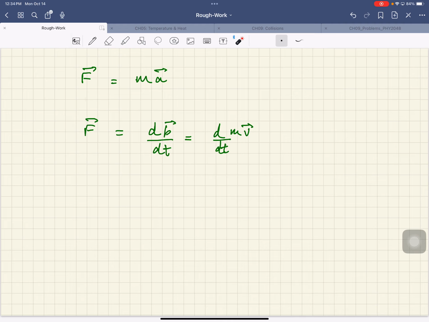Here's the correct form of Newton's second law. Force is the time rate of change of linear momentum. This is d by dt of that. Now we'll use the chain rule. You can think of this as a product of two functions: dm by dt times velocity plus m times dv by dt.